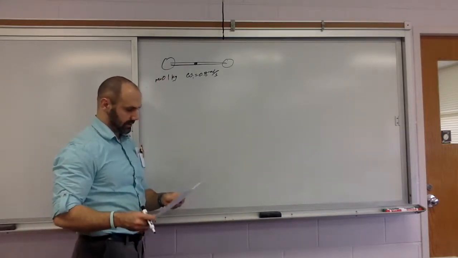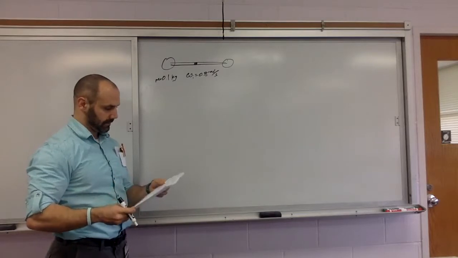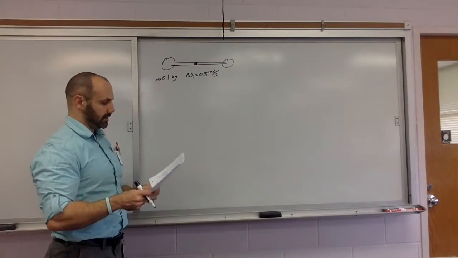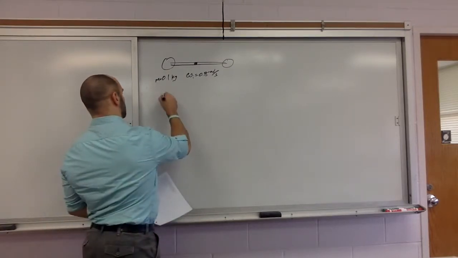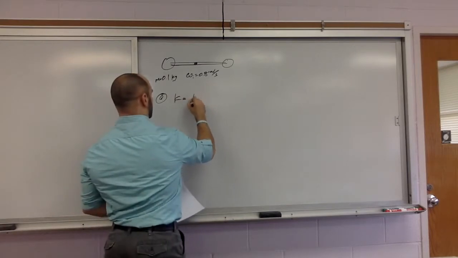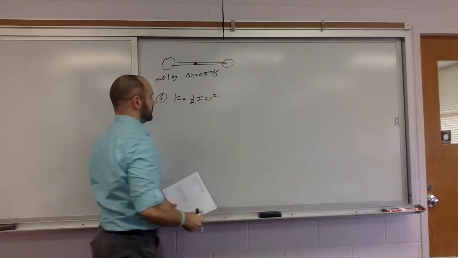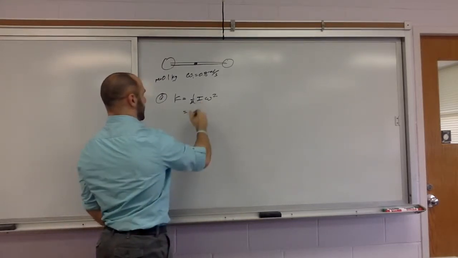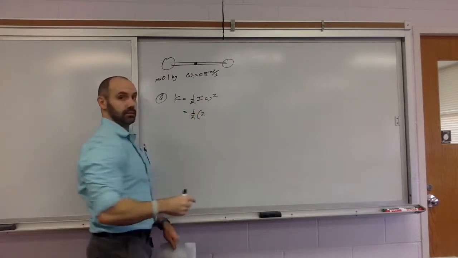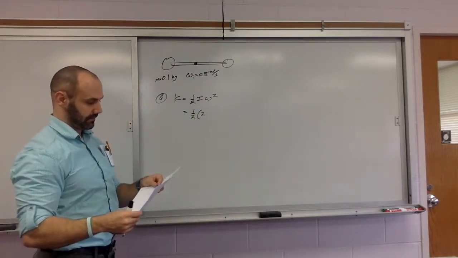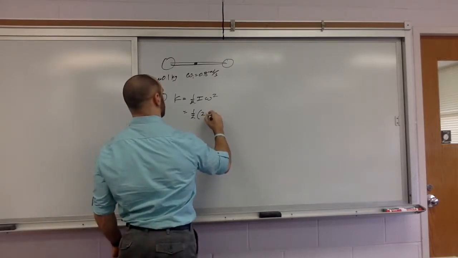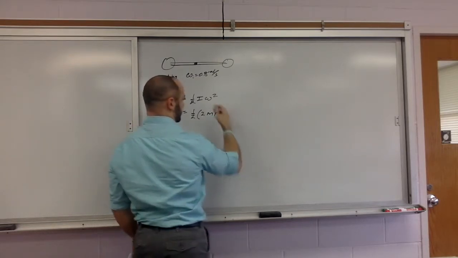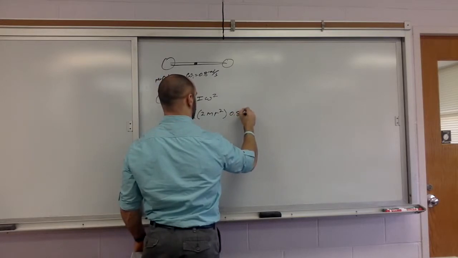And for example 7, you can see that we've got 2 masses on the end of a rod, and it's spinning. Calculate the initial kinetic energy of the system. Well, K is just going to be 1/2 I omega squared. And so I here is going to be 2 point masses, treat it that way, 2 mr squared times omega squared, which is 0.8 squared.